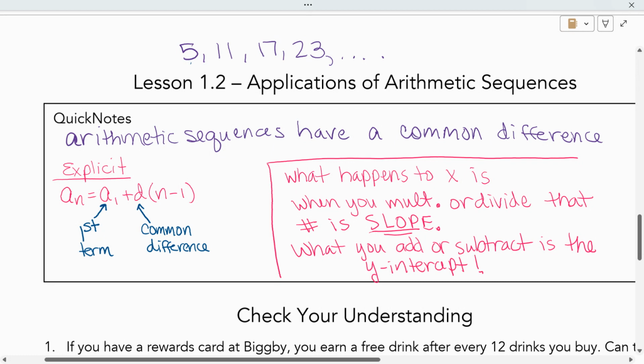That's huge. What you add or subtract is the y-intercept. Remember that the y-intercept is the ordered pair 0, comma, some number. So if you have an input, an x value of 0, you always know what the y-intercept is because it's whatever the output is. When x is 0, your output is your y-intercept.